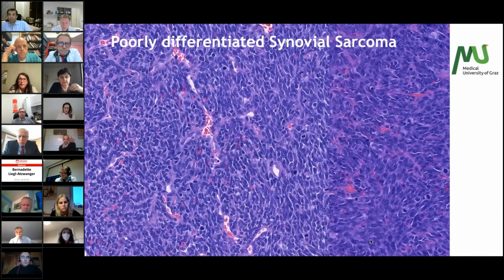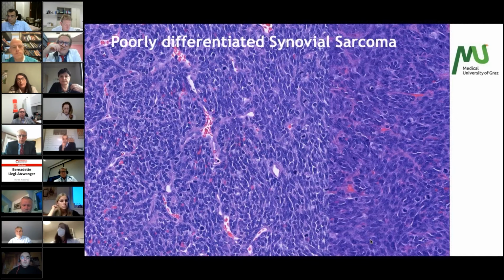Poorly differentiated synovial sarcoma is one of the differential diagnoses in this group. And if we as pathologists look very closely at morphology, we find some differences in comparison to Ewing sarcoma, because the tumor cells are more oval. They show overlapping nuclei. We see some collagenous fibers in the background and HPC-like vascular structures.